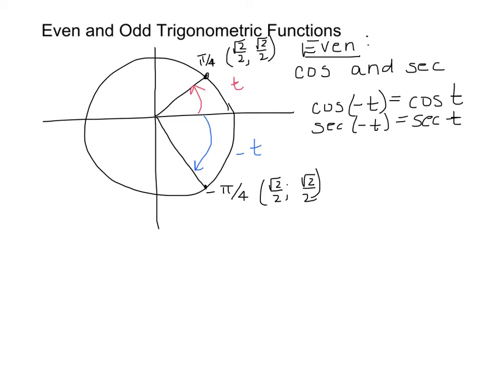Okay? However, these are odd functions. Let's first look at sine. If you look at sine of 45 degrees, it's positive. But if you go in a negative direction, it's negative. So that's why we say that sine is an odd function.